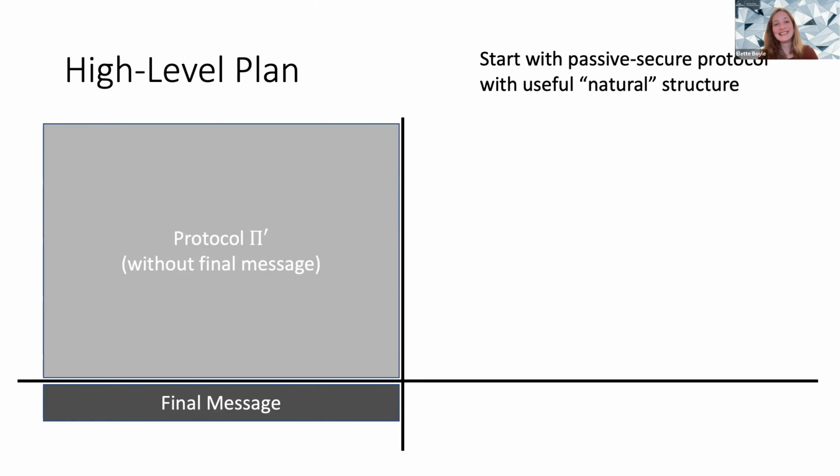But perhaps one thing I will say about it is that it looks like this. At least one thing that we want from it is that the underlying passively secure protocol can be split into two parts. One is the bulk of the protocol, everything here, pi prime, except for the final message. And the final message itself is the final part of the protocol.